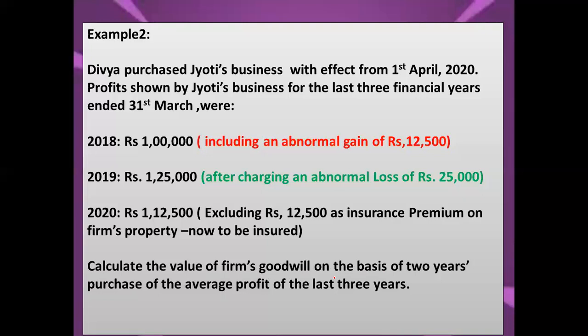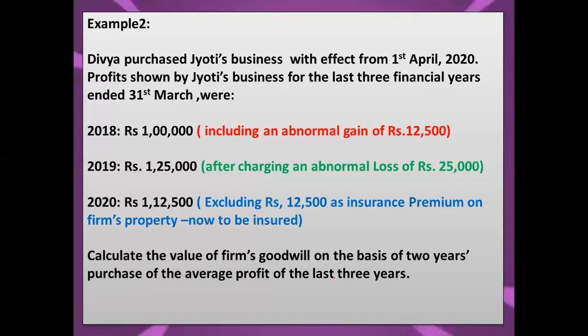In 2020, 1,12,500 is the amount calculated, excluding 12,500 as insurance premium on firm property now to be insured. So this amount does not include one expense, insurance premium, which is required to be included. So we will adjust this figure.